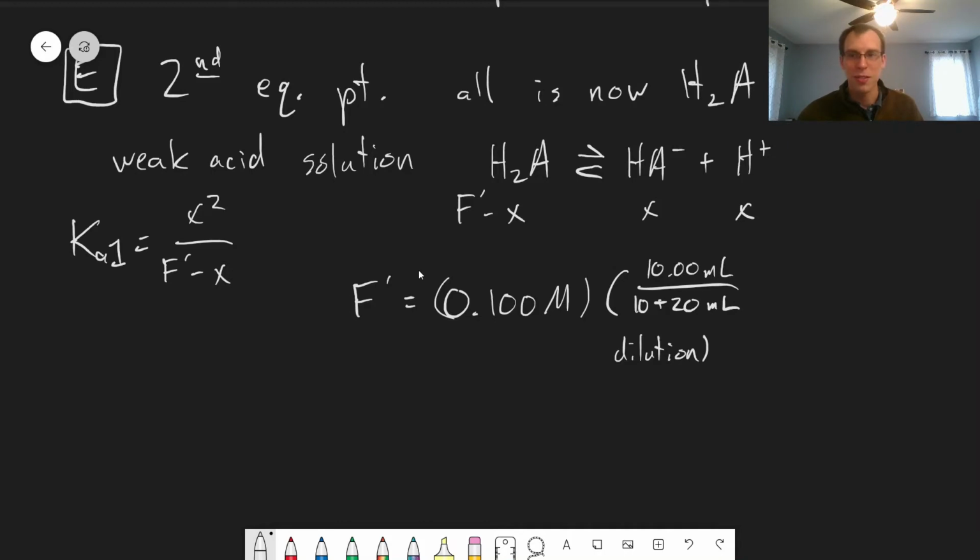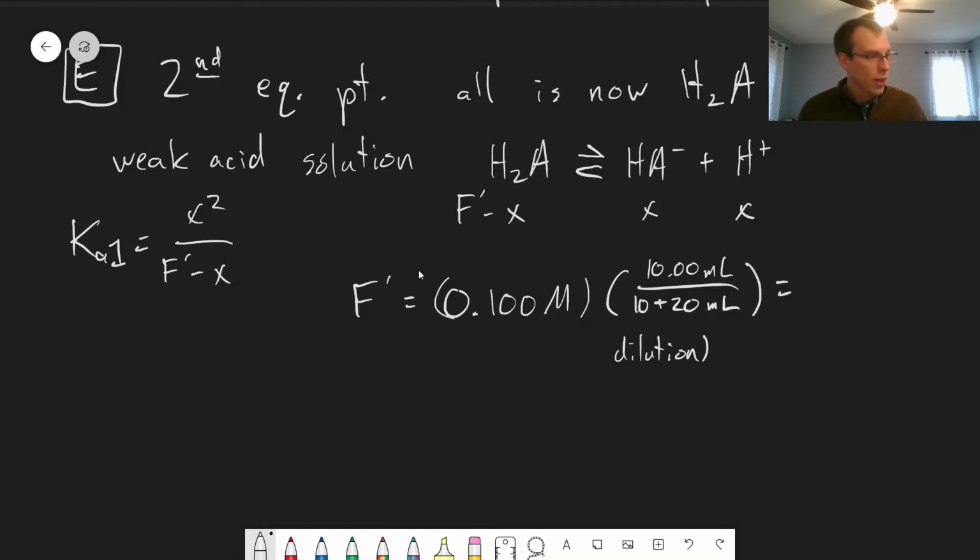So the volume at the second equivalence point is exactly double the volume at the first equivalence point. We haven't changed the number of moles that's present throughout this process. So that's something that will always be true for any titration. If you want to find the number of moles, you can use either equivalence point. You just have to remember that they're related by exactly double each other.